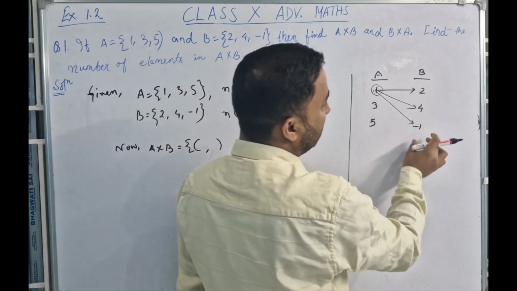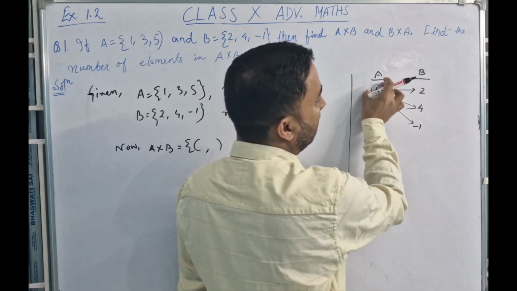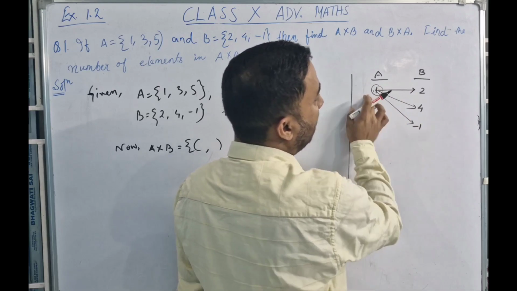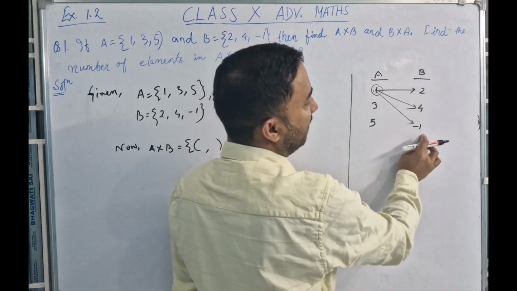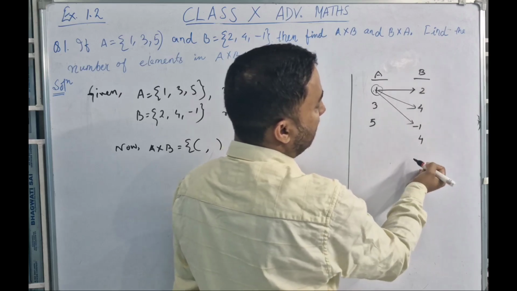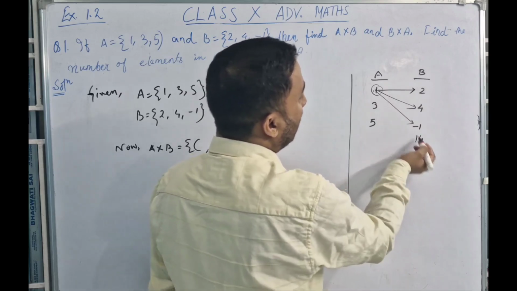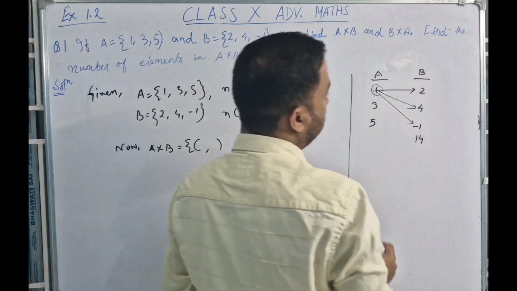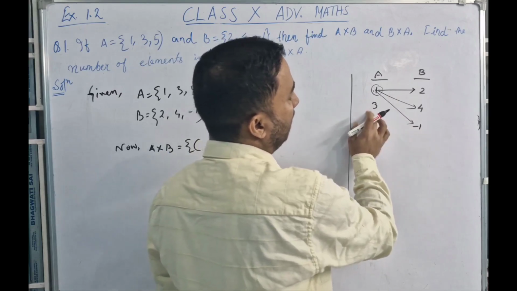The number of elements in the set B will give you the number of ordered pairs for each element in the set A. For 1 we will get three ordered pairs because 3 elements are there in the set B. If there were 4 elements in B, say another element 14, then 4 ordered pairs would come for the first element, and for the second element also 4 ordered pairs.